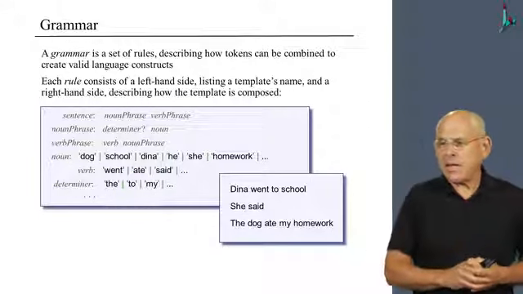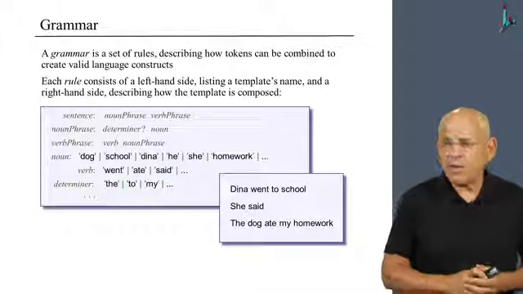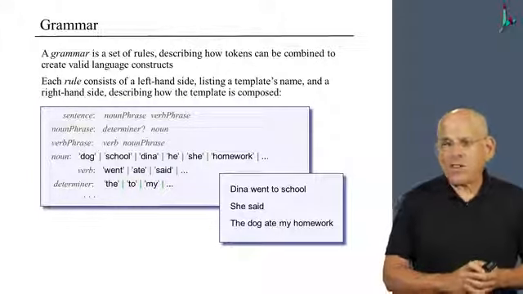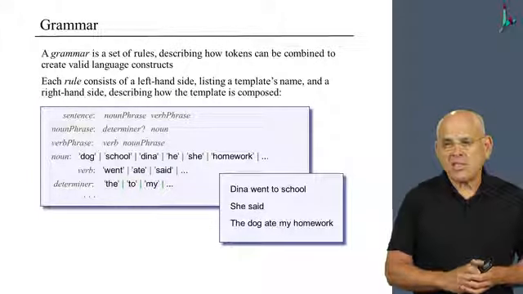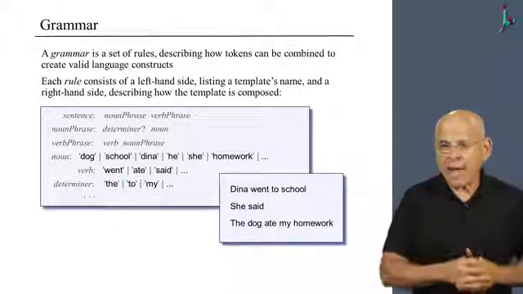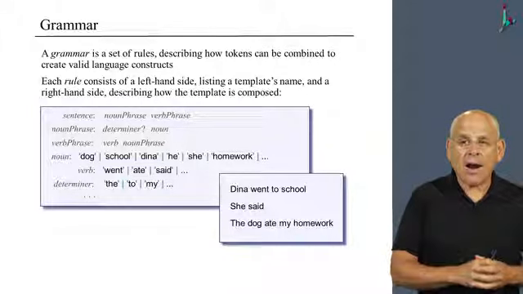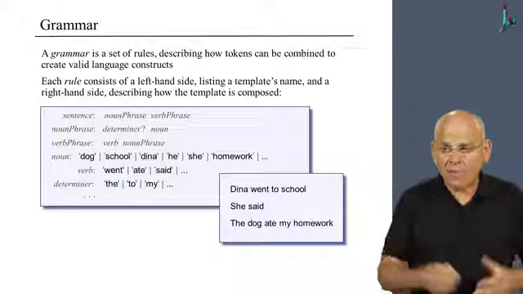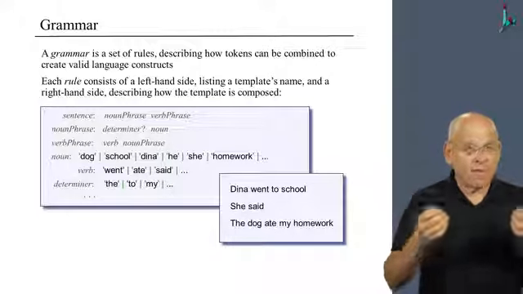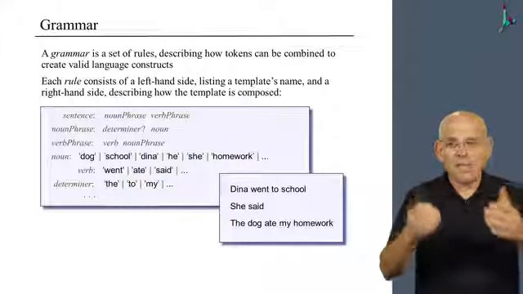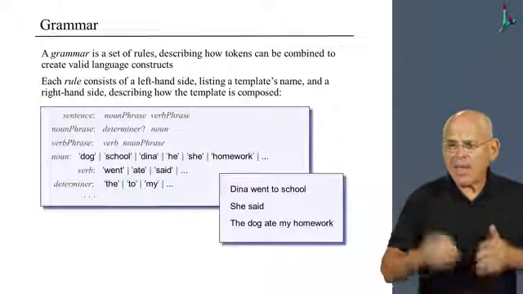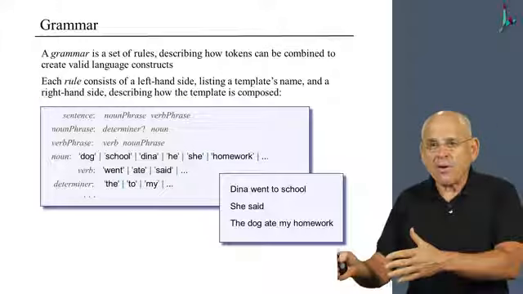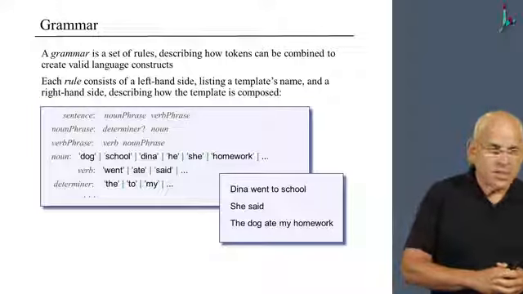For example, consider the dog ate my homework. Well, let's take a look at it. The is a determiner, and dog is a noun. So we have a determiner followed by a noun, which taken together are a noun phrase. So we have something that begins with a noun phrase. So it looks like we may have a sentence here, because a sentence is something that begins with a noun phrase. Then we have ate my homework. Well, ate is a verb, and my homework is a noun phrase.